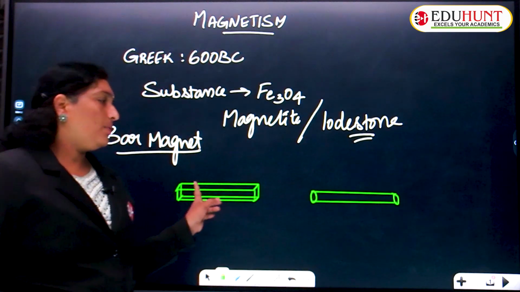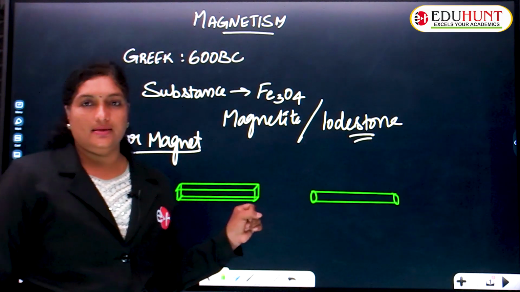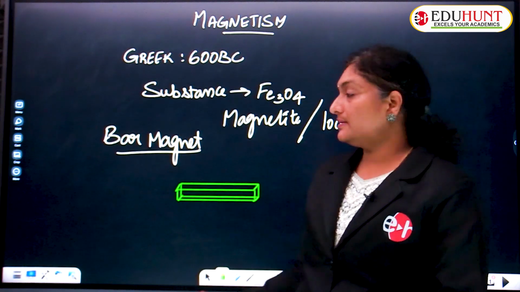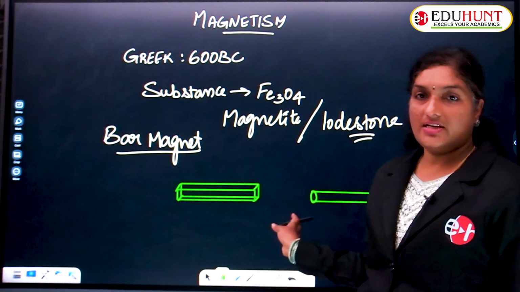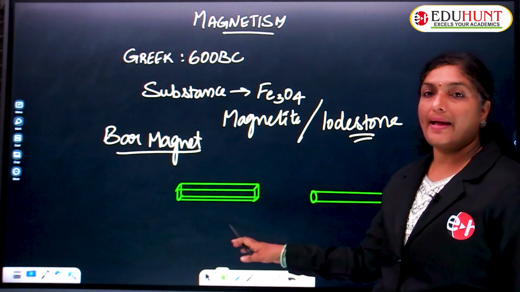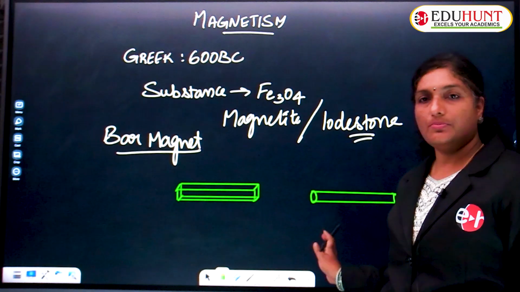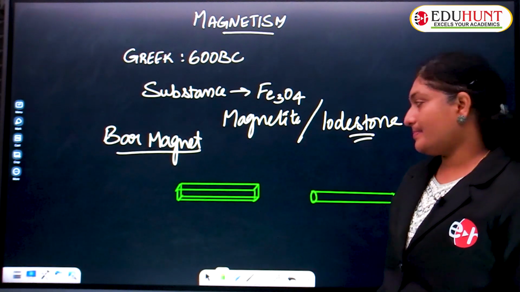These two are both bar magnets. This one has a rectangular shape, whereas this one has a cylindrical shape. Cylindrical bar magnet, rectangular bar magnet: both are called bar magnets.